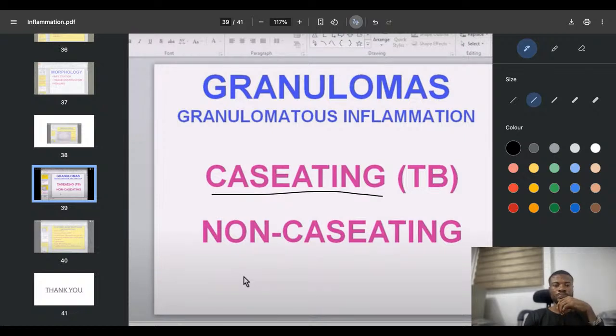So you see, we are comparing the normal chest X-ray.